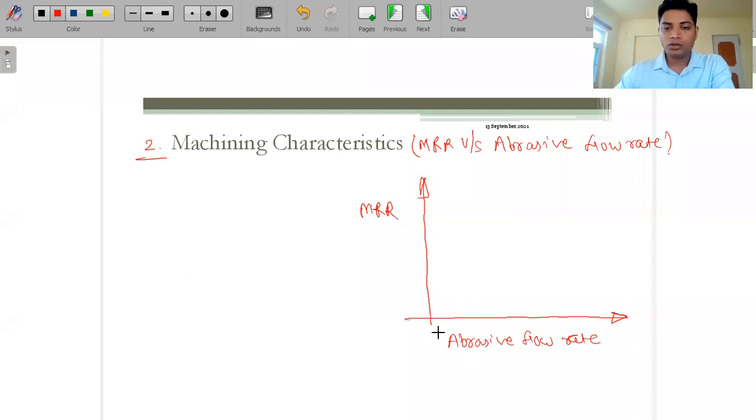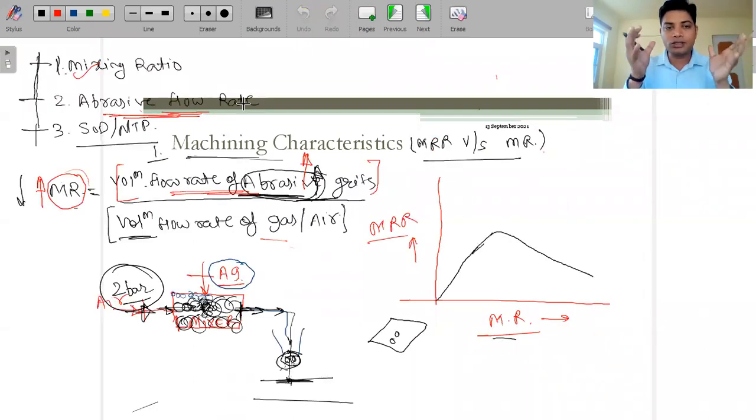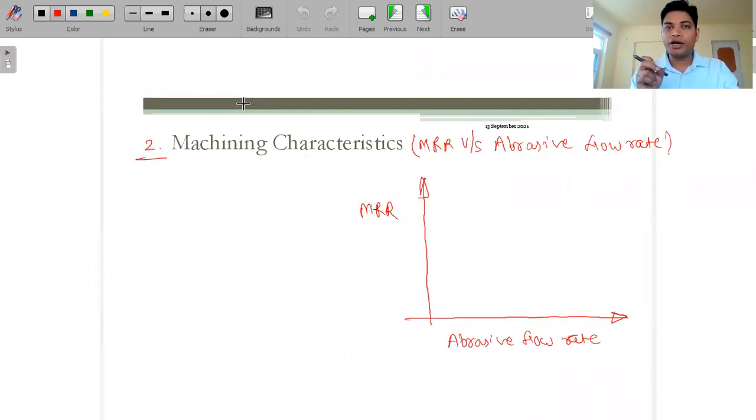Same concept that we discussed, because there we were discussing how the abrasive particles are directly proportional to the mixing ratio. But here we are talking only about the abrasive flow rate. Abrasive flow rate means the mass flow rate of the abrasive grit, or you can write the volume flow rate also.